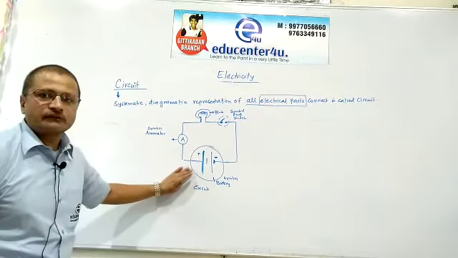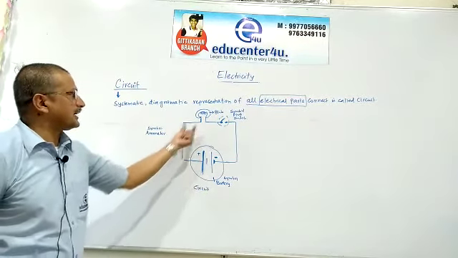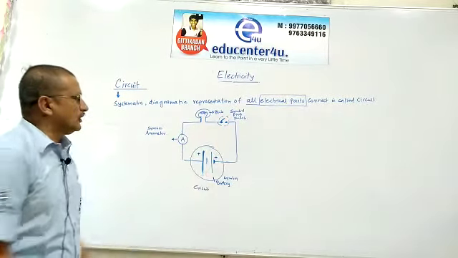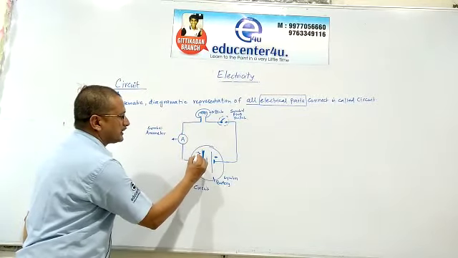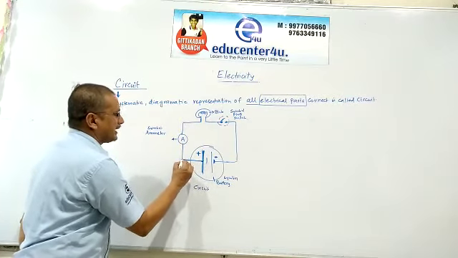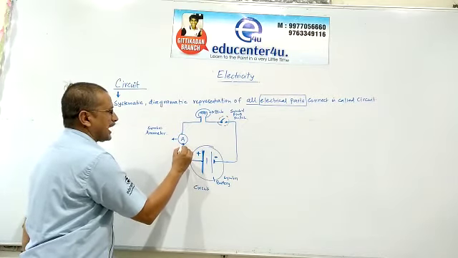So from the circuit, what you are getting? You are getting that all the electrical parts are connected, and what will be the sequence also? From the positive terminal of the battery, you will take out one wire and connect it with one of the terminals of the ammeter.